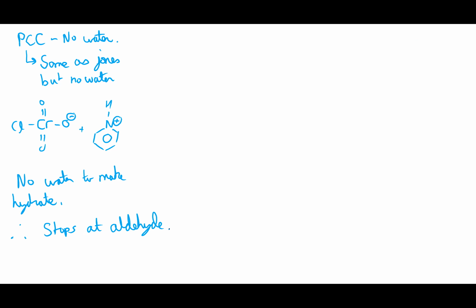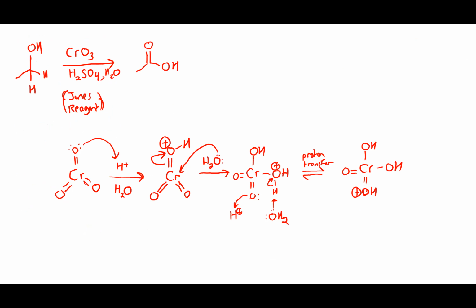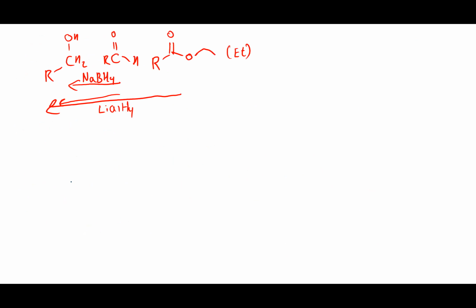So, if we look back at this, mechanistically it's identical. You just have a chlorine leaving group instead of an OH leaving group, but it's even better. We'll talk about leaving groups in a second. But if I go back to slide number 1, the Jones reagent can take us from an alcohol up to the acid, and or from an aldehyde up to the acid.